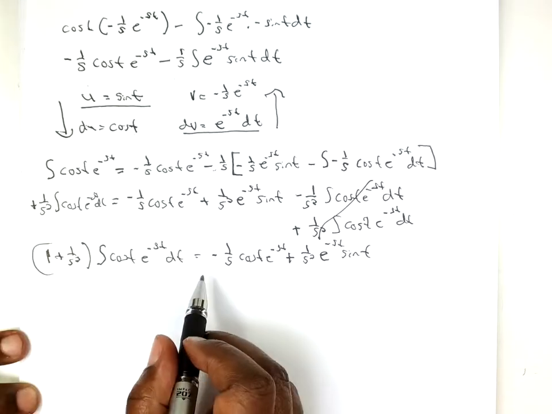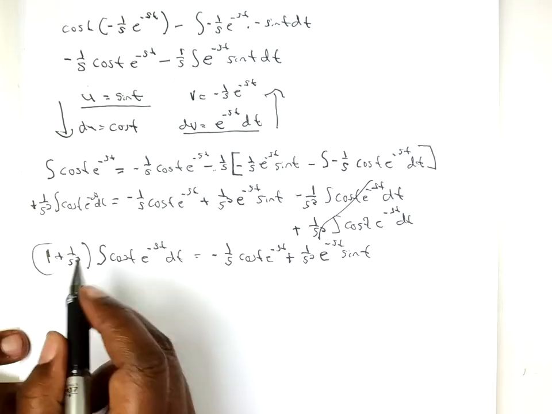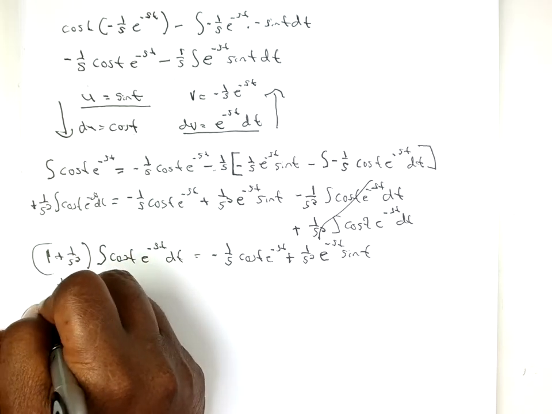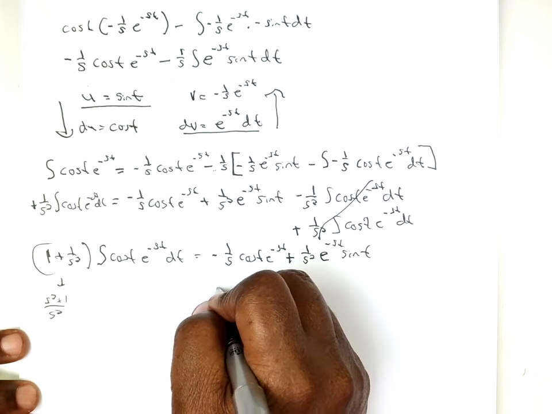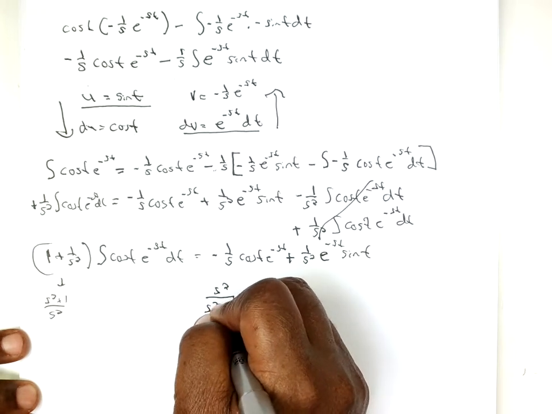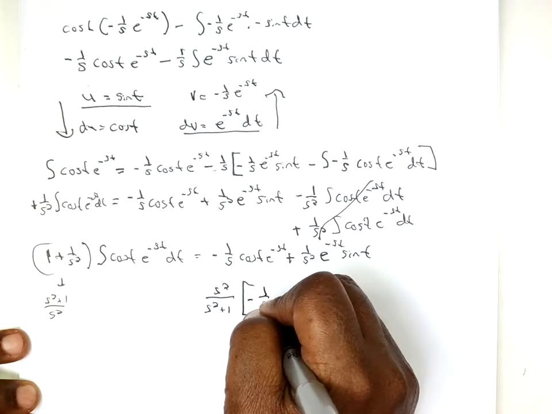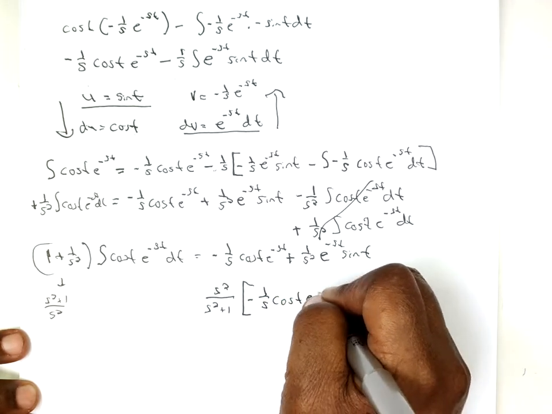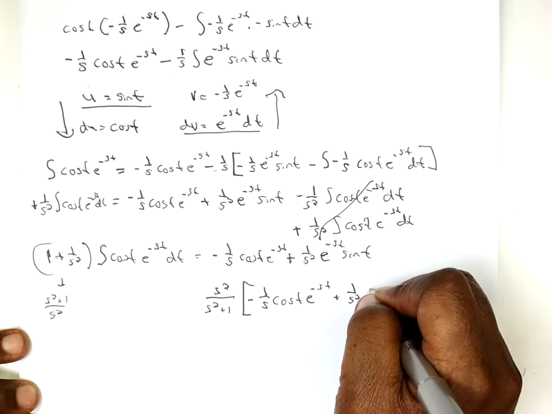And then lastly, if you put that together, we get s squared plus 1 over s squared. So I'm going to multiply this side by s squared over s squared plus 1 to get rid of that coefficient.